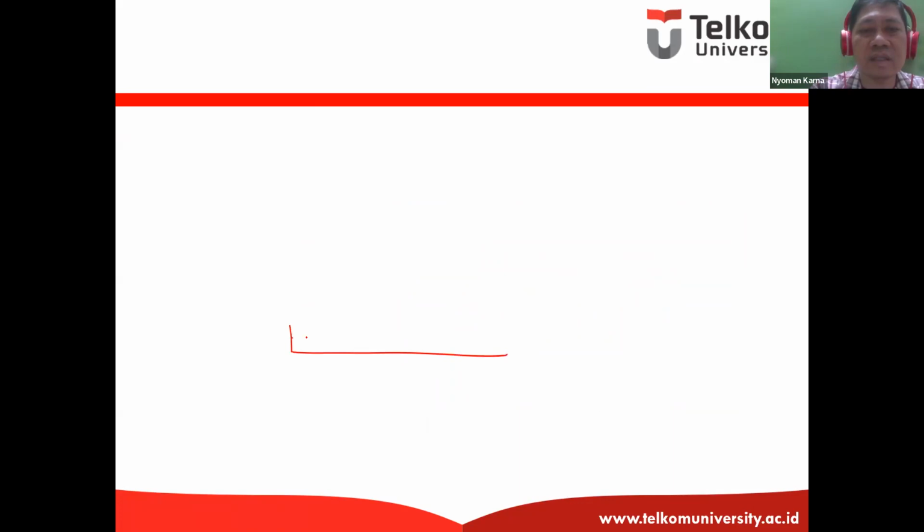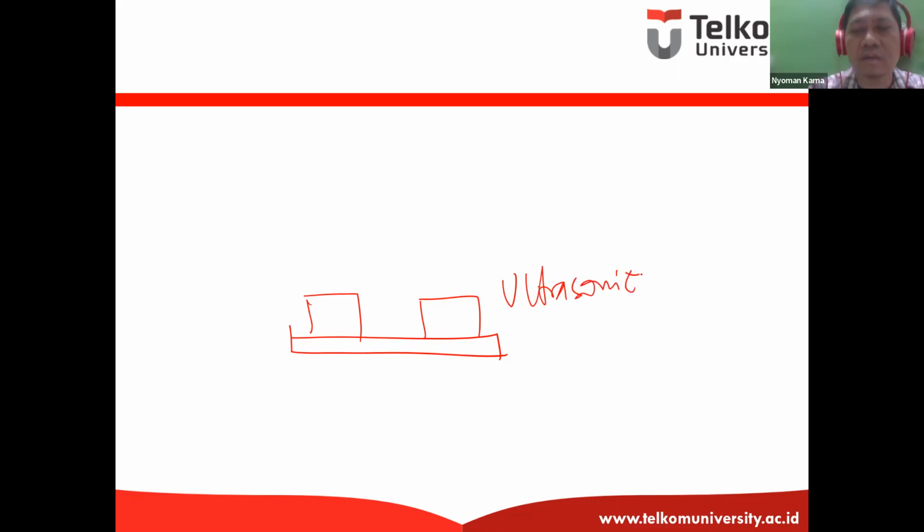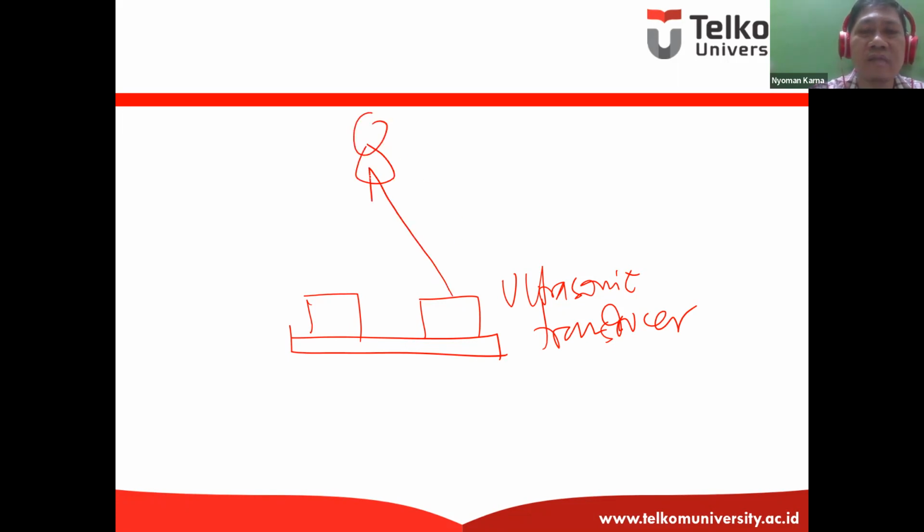So we have, this is the sensor. This is the ultrasonic speaker, or we call it an ultrasonic transducer. First, if there is an object here, it will send a high frequency, and then one of the beams from the ultrasonic frequency will be reflected to here.